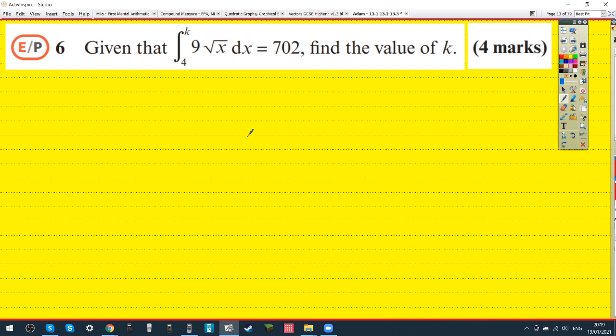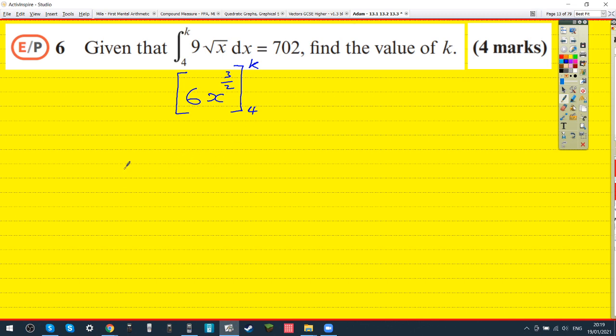So I got to the point where I've integrated 9 root x. I got 6x to the power of 3 root 2. So that is 6x to the 3/2? Yeah. Okay. In between k and 4.